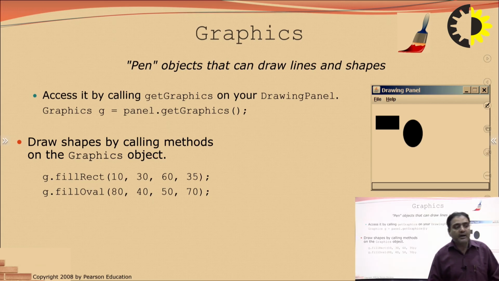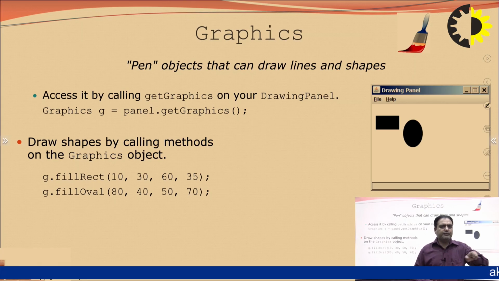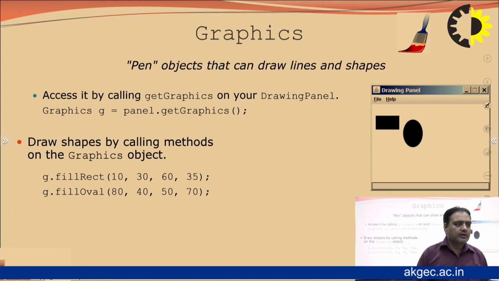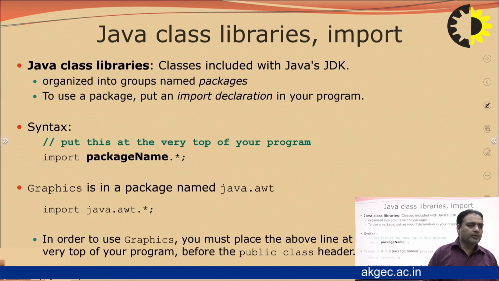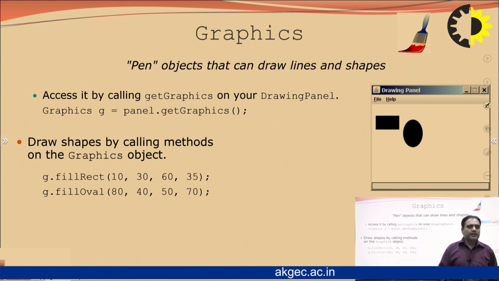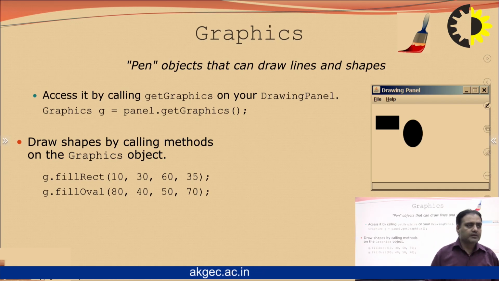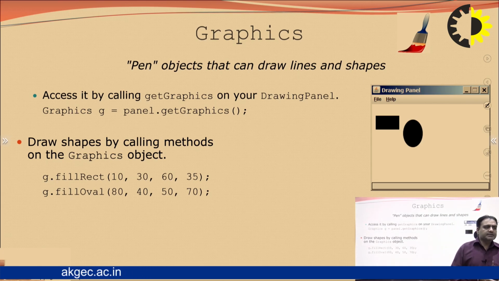If we give different parameters, both the rectangle and the oval have four inputs. Why four inputs? So that the particular shapes are created. That is the main important task here. By this method we can create a particular object on a drawing panel.